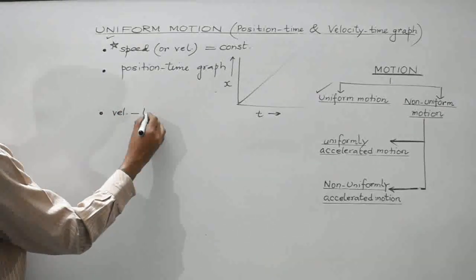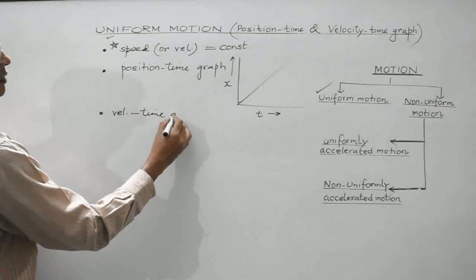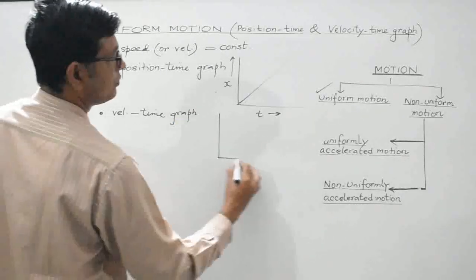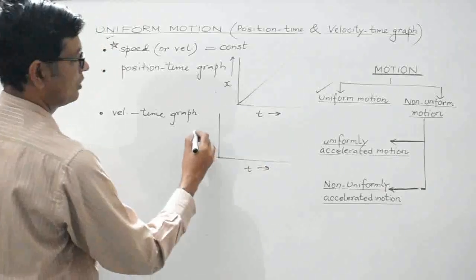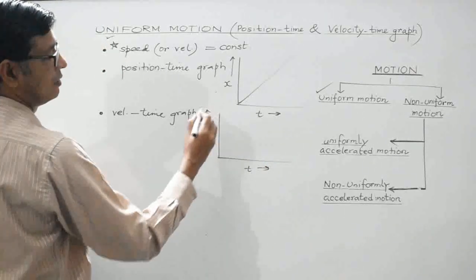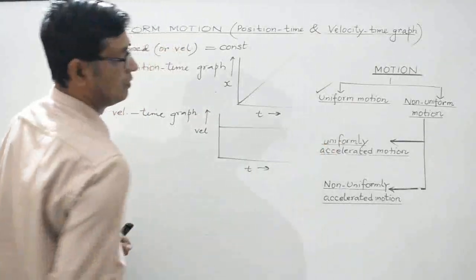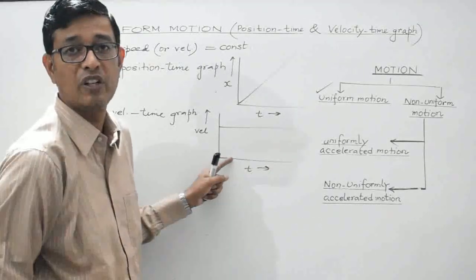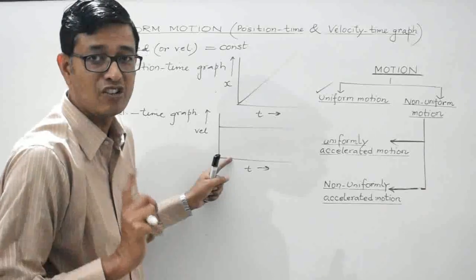Velocity or speed time graph. It should be like this. Time, this is speed or velocity. It should be a straight line. Because with the passage of time, the speed of the body or velocity of the body will remain constant. It will not change.